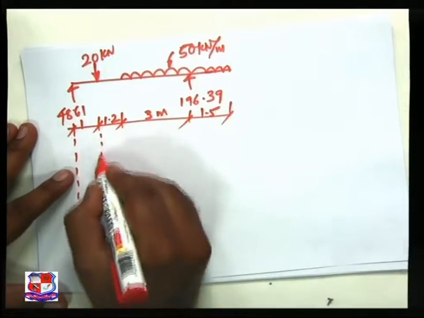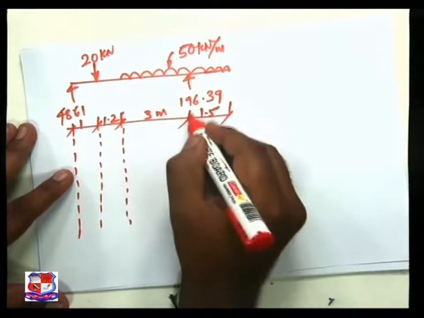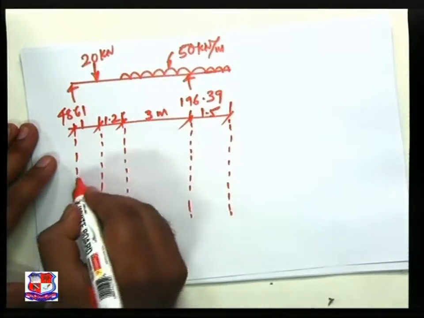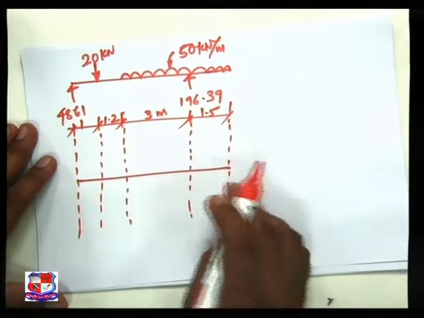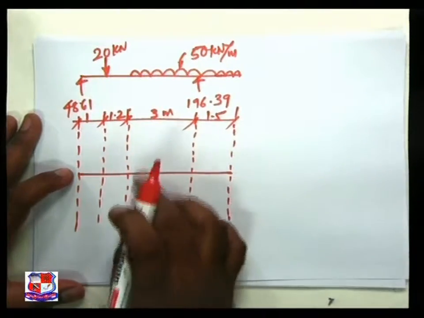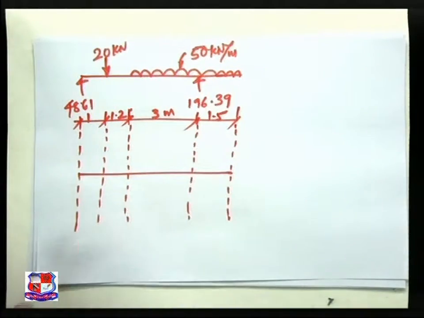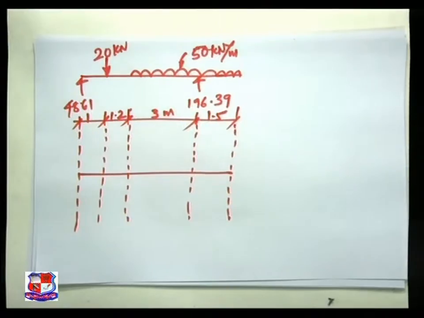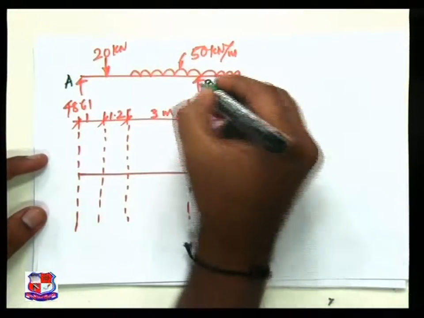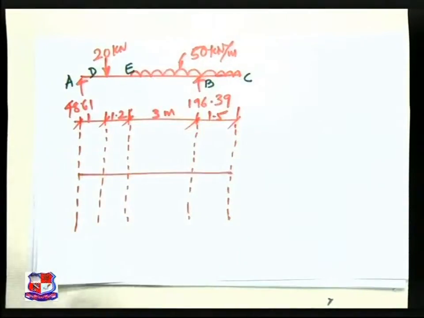The important points where we found out the values, and then join those points to achieve bending moment diagram. Baseline. All the positive values are above baseline, all the negative values are below baseline. As for that, A, B, C, D and E.